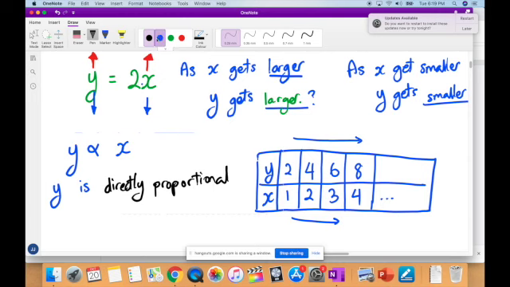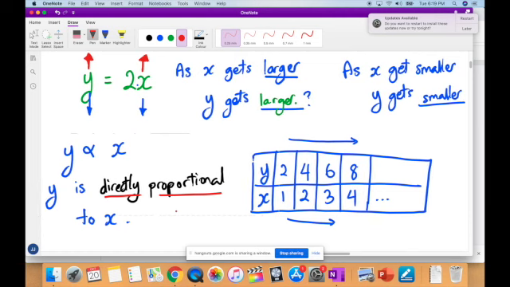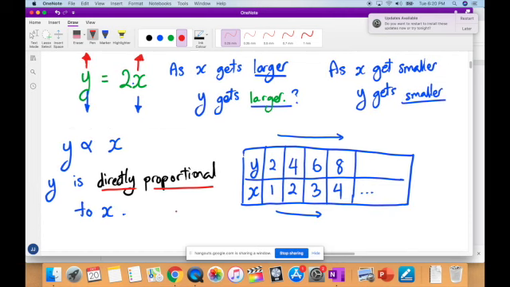So y is directly proportional to x. That means that if x goes up, y will go up as well. If x goes down, y will go down as well. So does everybody understand what directly proportional means? Alright, I hope so. Because when the questions hit you, it'll be a different story.